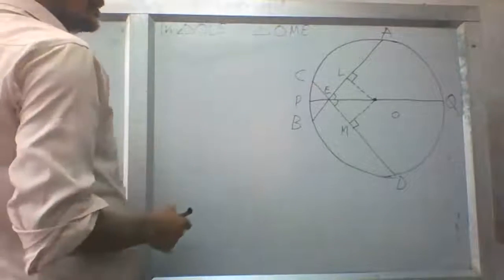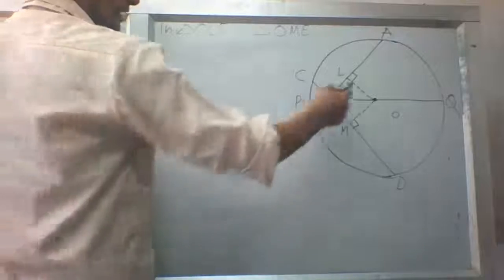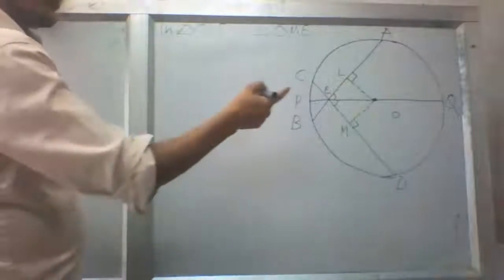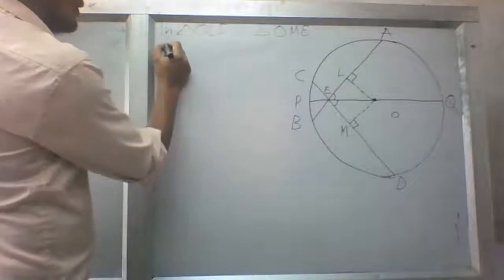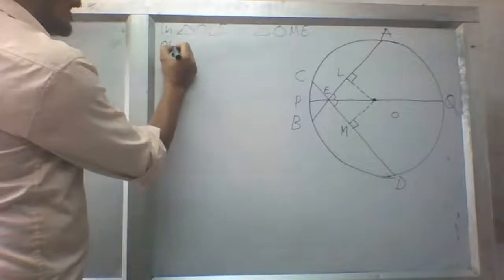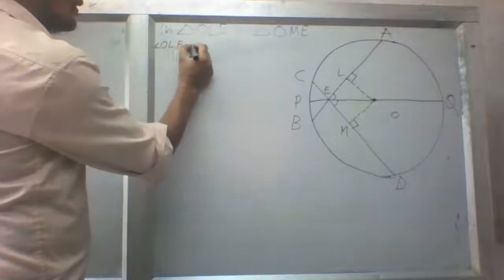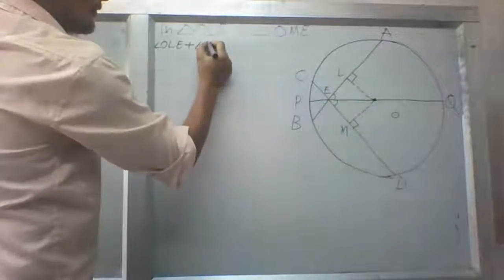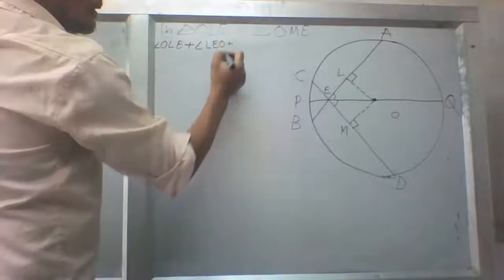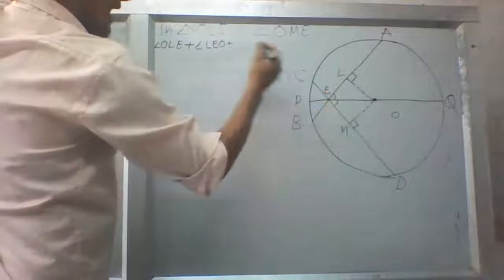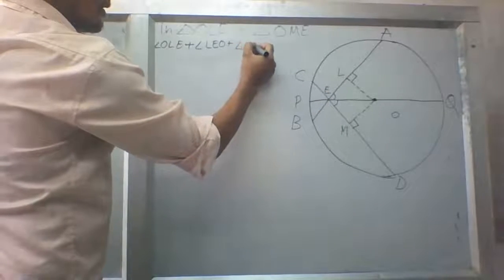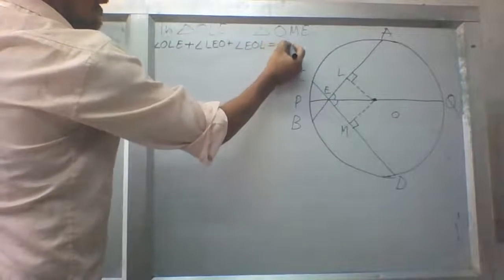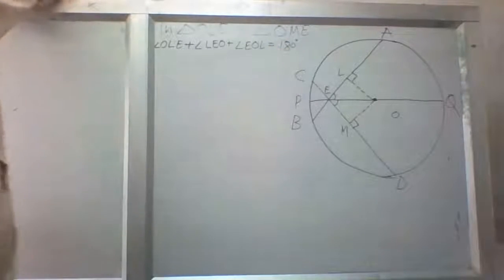In triangle OLE, the sum of the angles of a triangle is 180 degrees. Means angle OLE plus angle LEO plus angle EOL is 180 degrees.